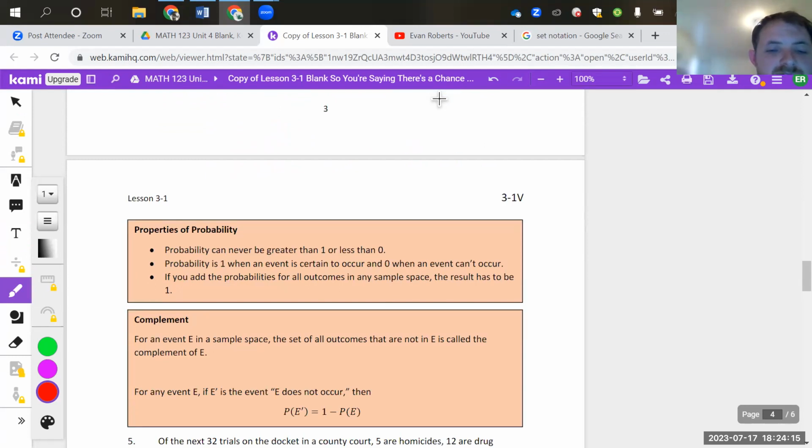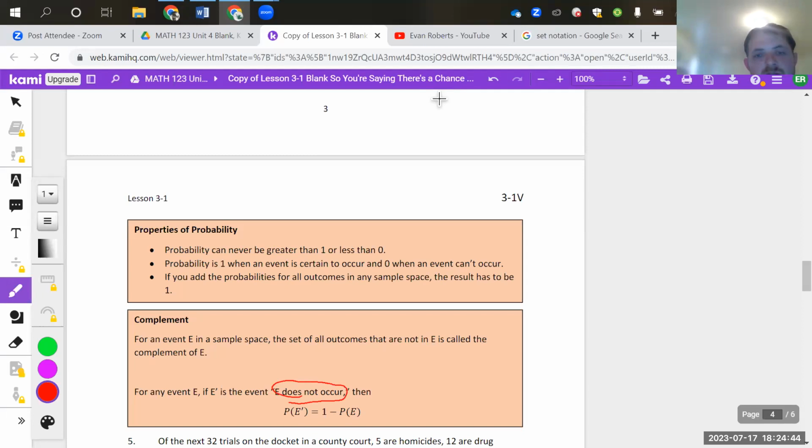So every time something does not occur, you can do whatever you want, honestly. But there is this thing called the complement. And complement just means the word not in this scenario. So if I ask what's the complement of raining, it would be not raining.